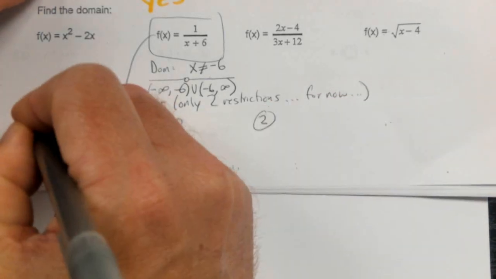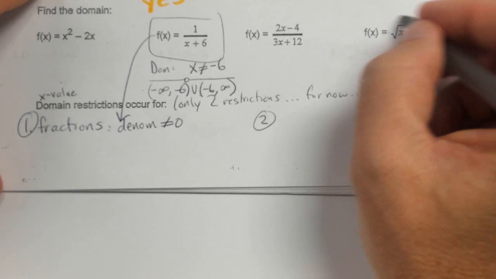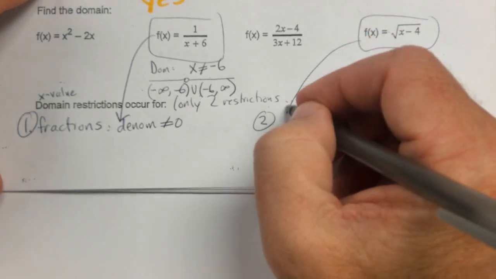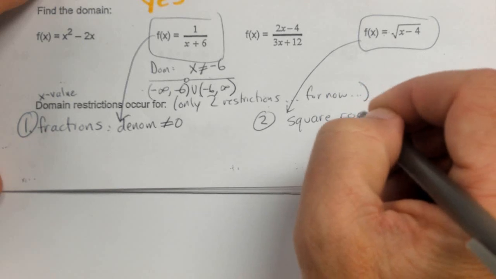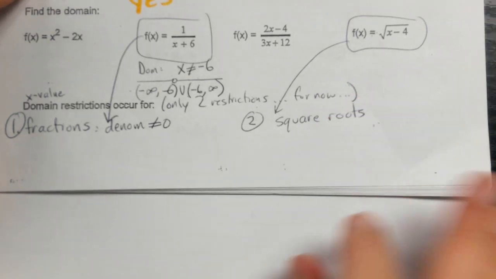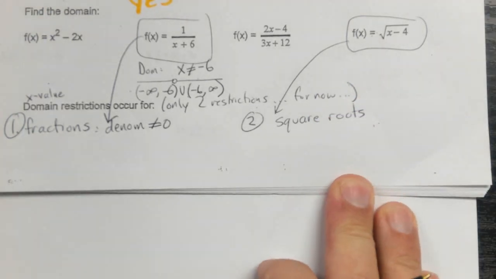All right, the second issue is square roots. All right, fractions you couldn't divide by 0. Square roots, what can you not take a square root of? What type of number can you not take a square root of?